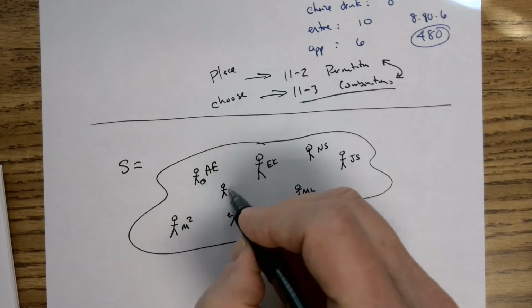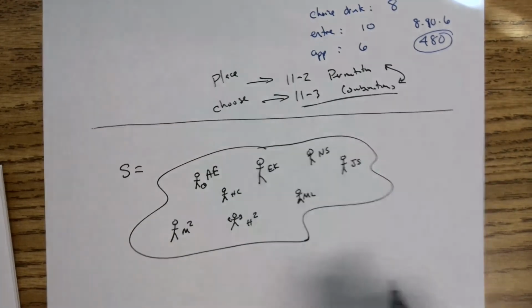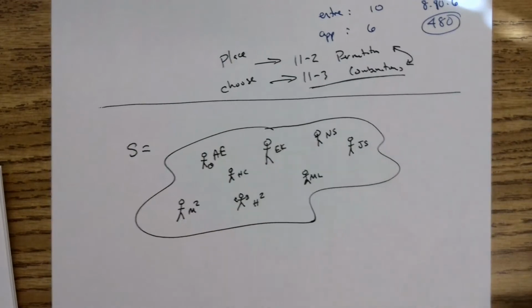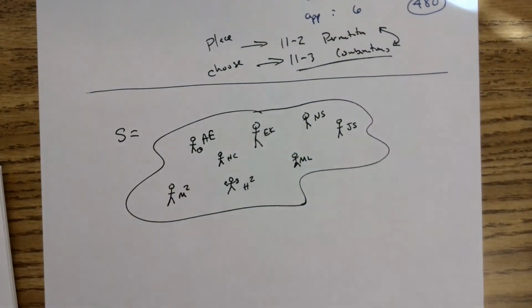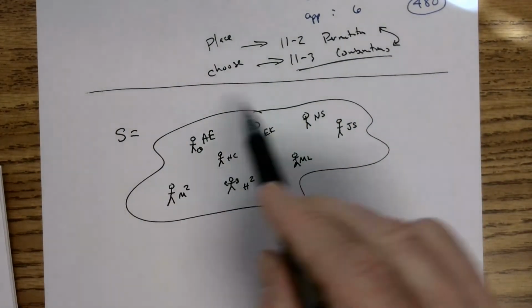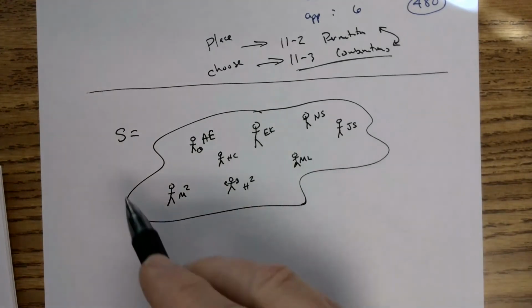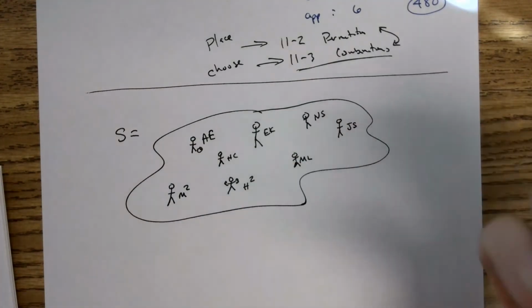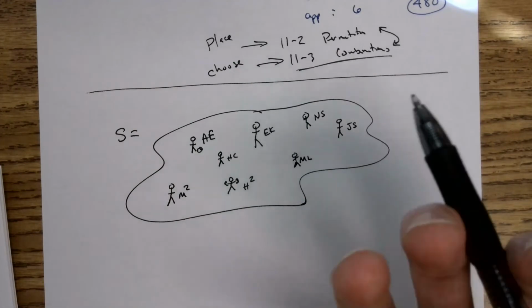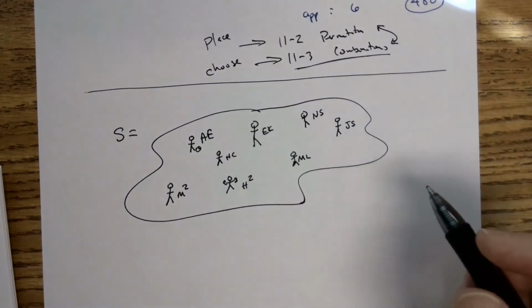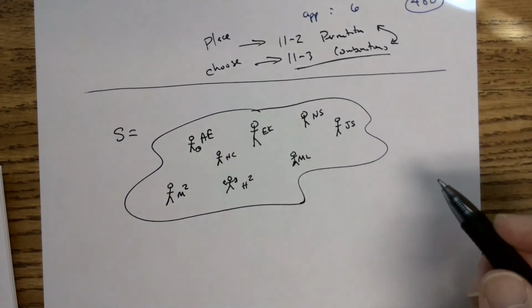I think this one plays softball. So there's everybody. This is the sample set, a set of people. We've used that terminology, a set, a group of people that are taking contemporary math this semester at Mineral Wells High School dual credit.